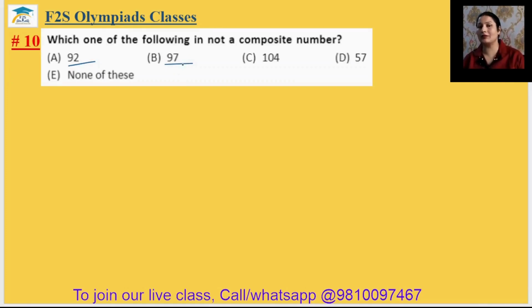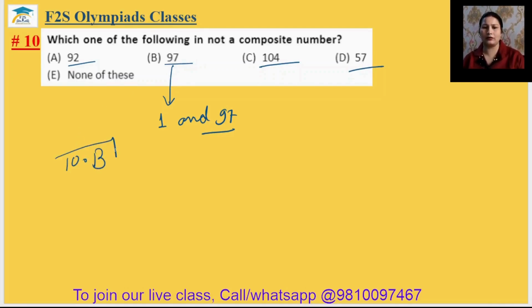It is not a composite number because it can be divisible by 1 and 97 only. 104 is an even number, it will be a composite number. All the even numbers are composite numbers except 2. 57 can be divided by 3, so it will also be a composite number. The 10th answer is option B.